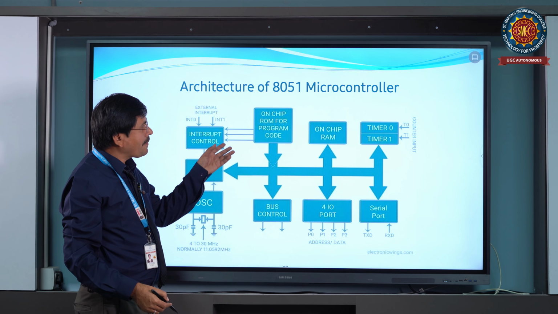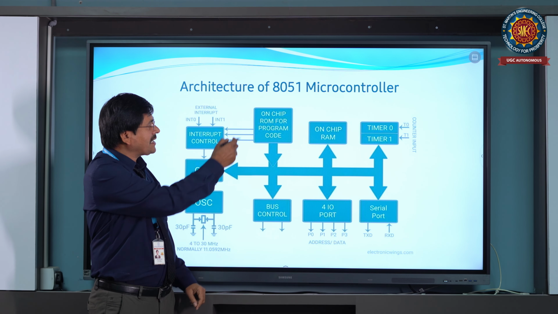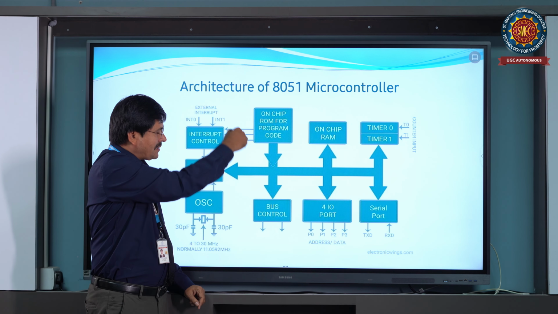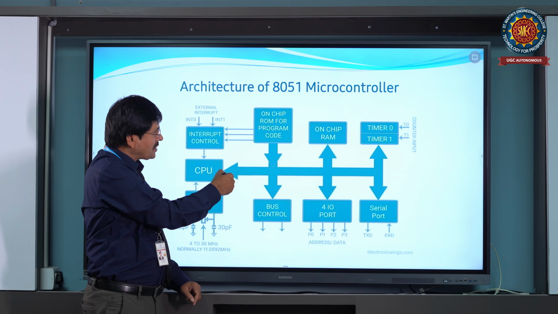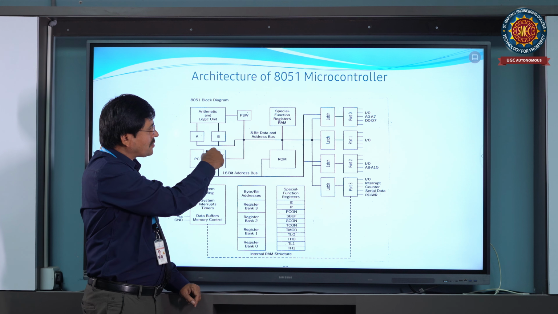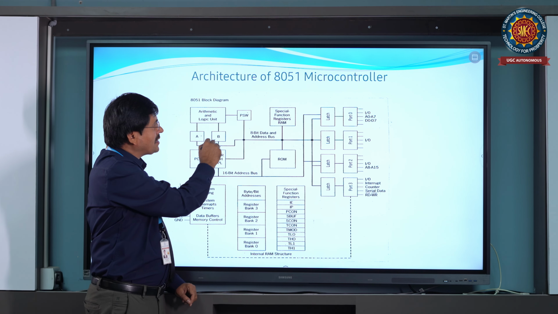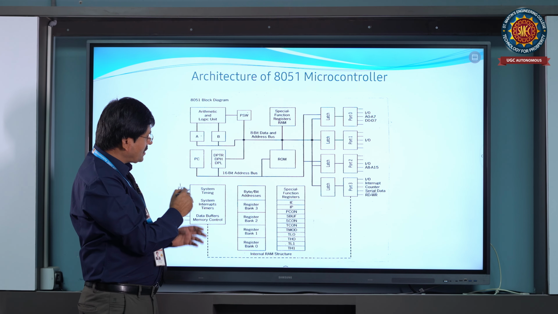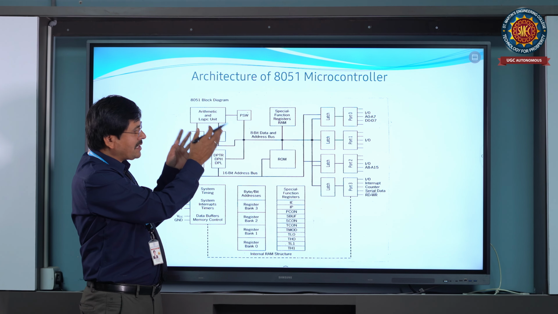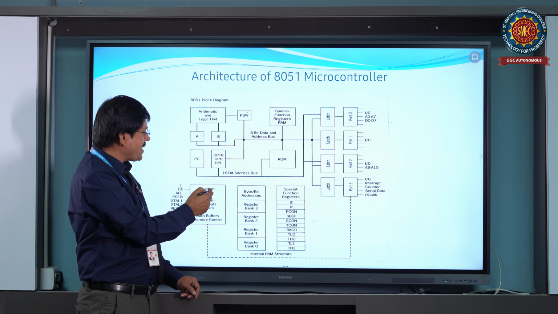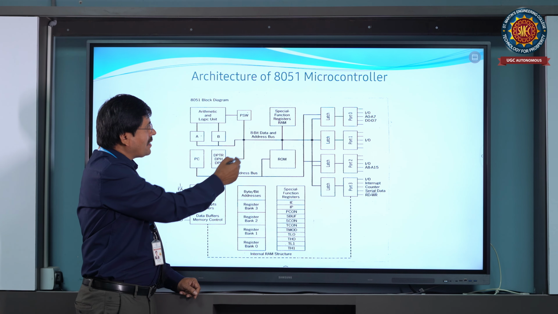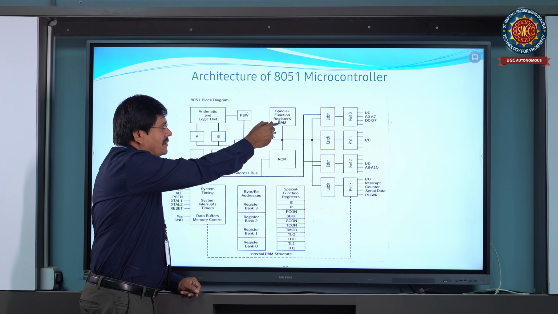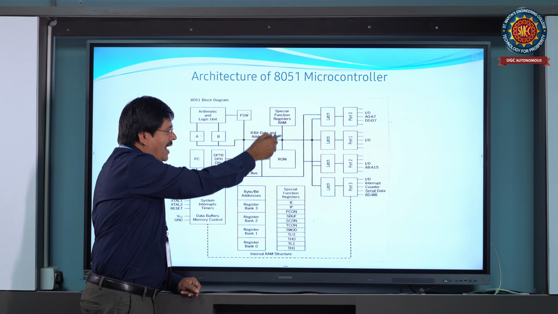Look here, this is the 8051 architecture. This is the complete architecture. Just now I introduced the specifications of the 8051 microcontroller, and here we can see the on-chip memories, RAM and ROM.